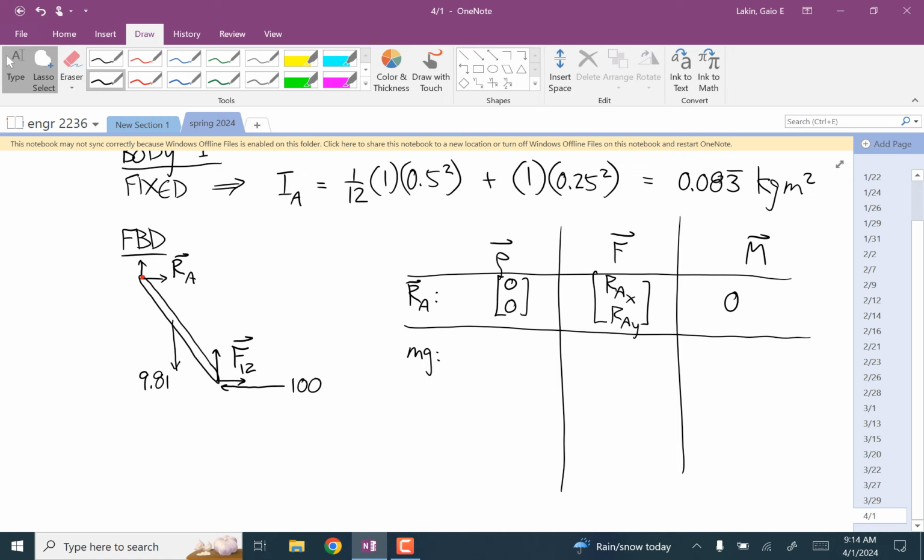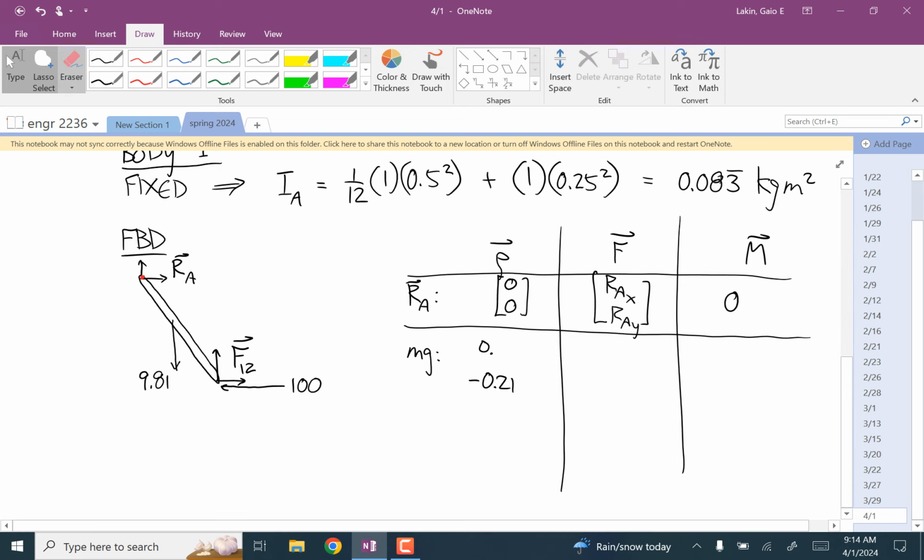And the row vector for that in the x direction is 0.043 and in the y direction is negative 0.246.